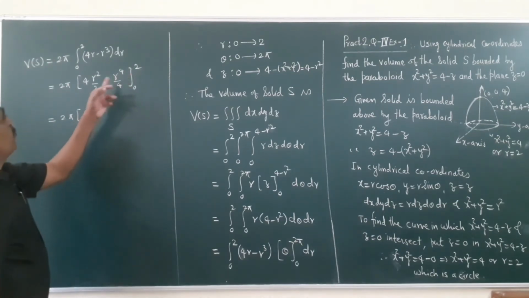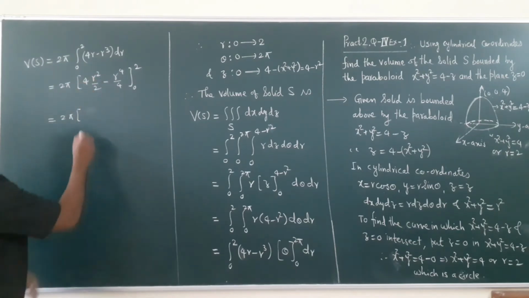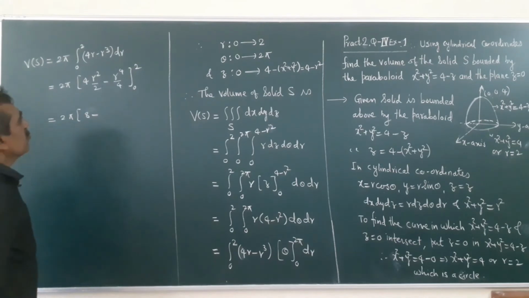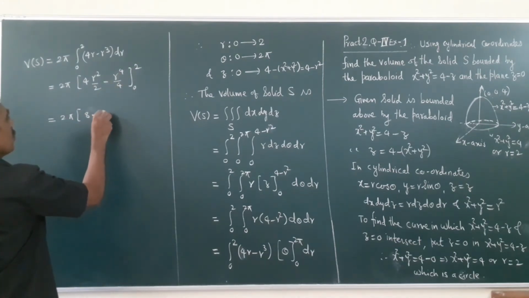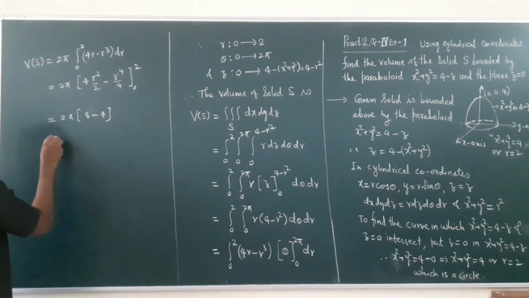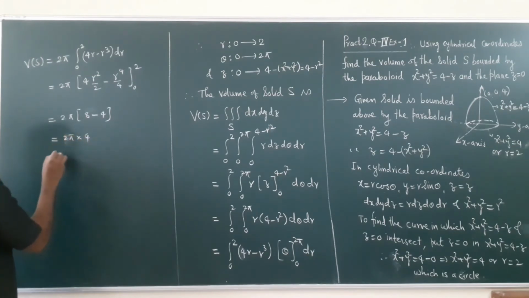Now put in the upper limit. r square is 4, so 4 times 4 by 2 is 8, minus r to the 4 is 16 by 4, so again 4. So this is 2 pi into 4, so 8 pi.